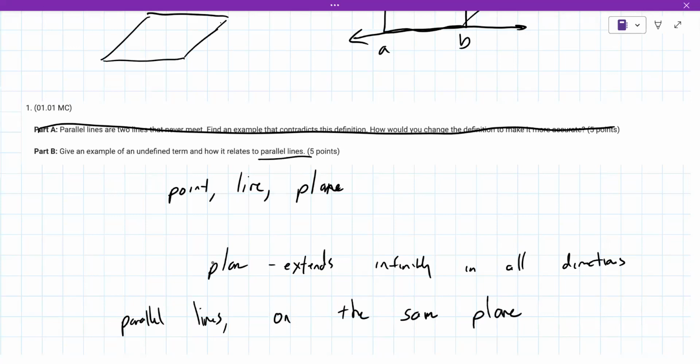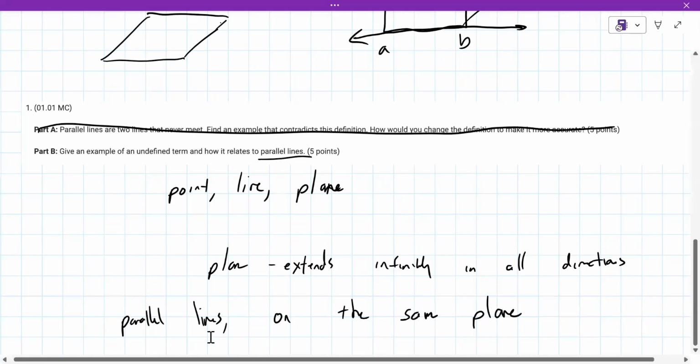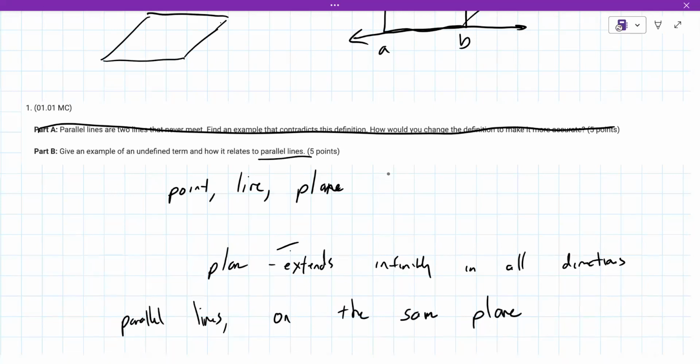So I put a plane extends indefinitely in all directions to support that parallel lines must be on the same plane. And you might also add that it has no depth.